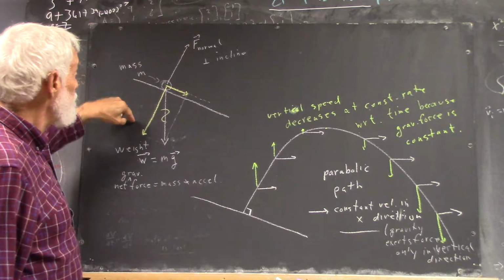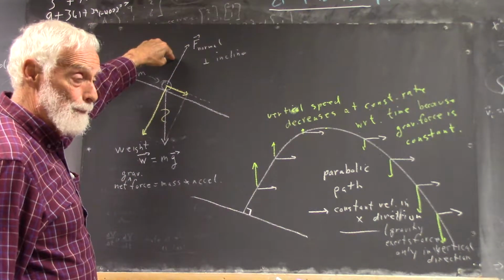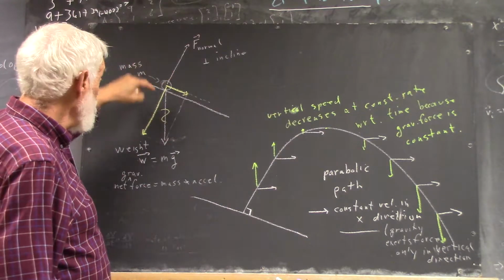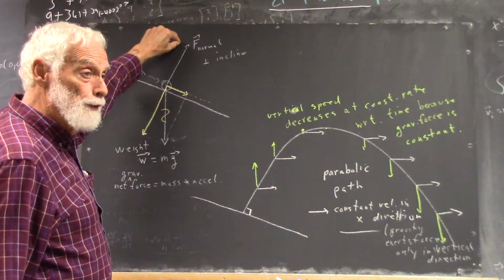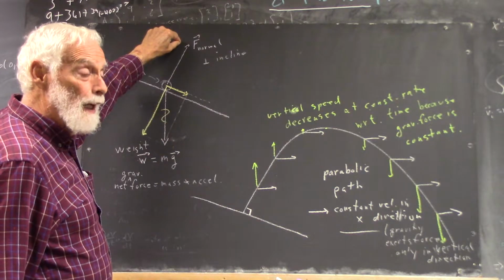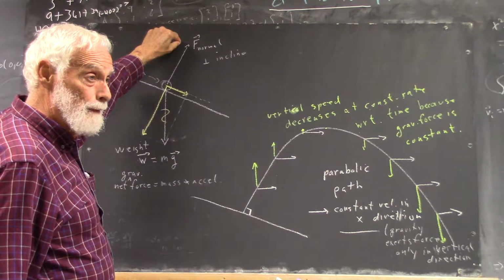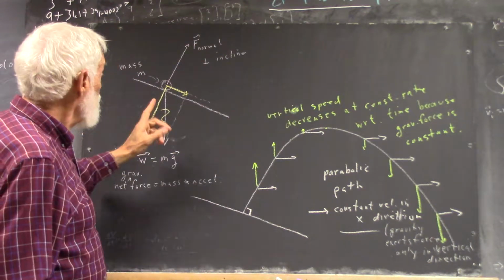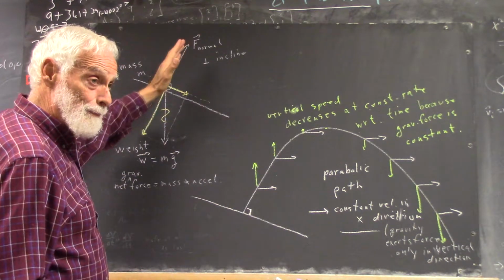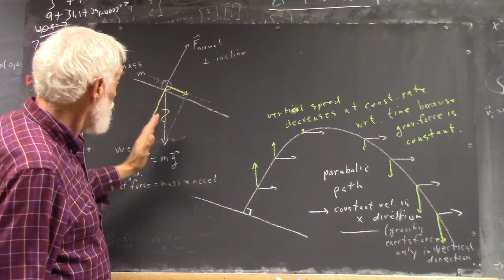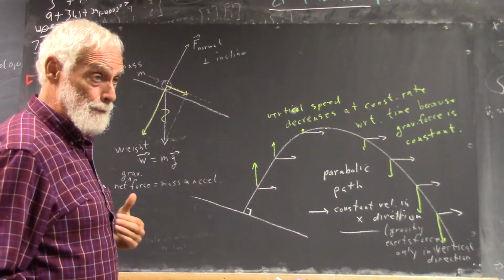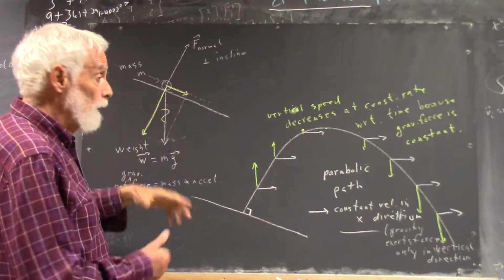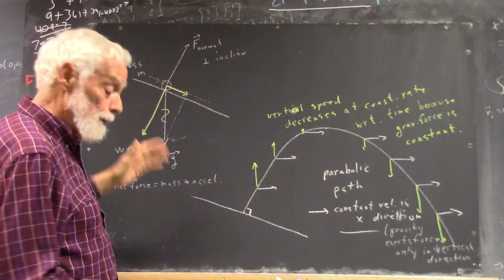This force is equal and opposite to this force. So the normal force is just what you need in order to keep these two forces in equilibrium. They have to be in equilibrium. They have to be equal and opposite because there's no acceleration along this line. Acceleration's along this line, and this line's perpendicular to it. Okay? So there's no acceleration in this direction, so all the forces in this direction have to add up to zero.